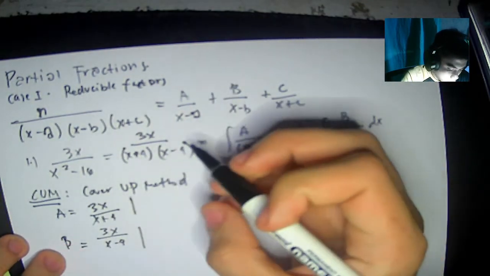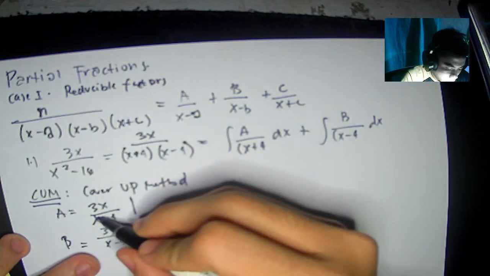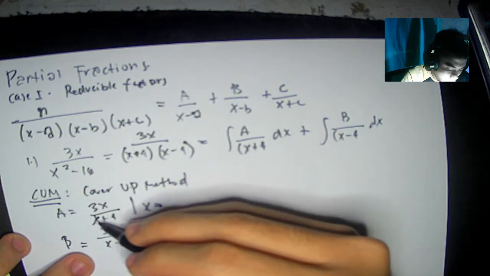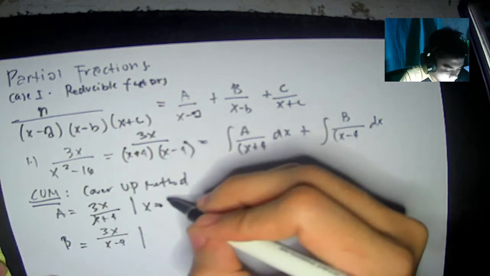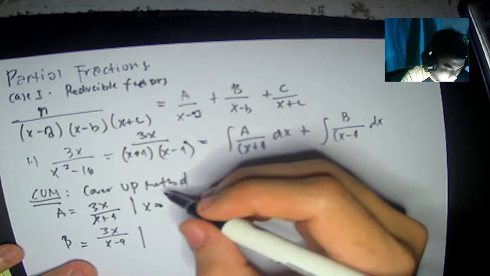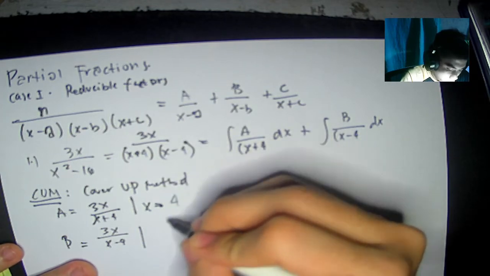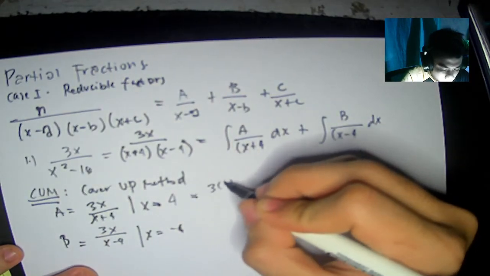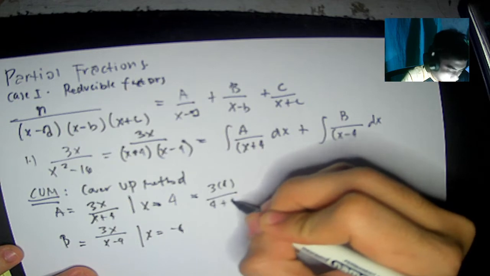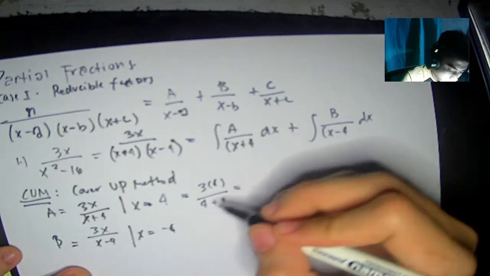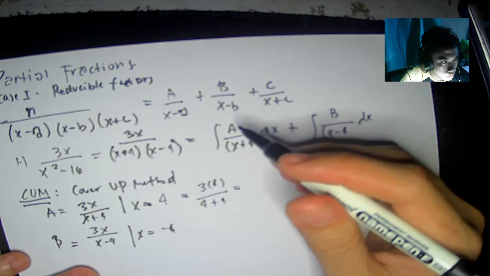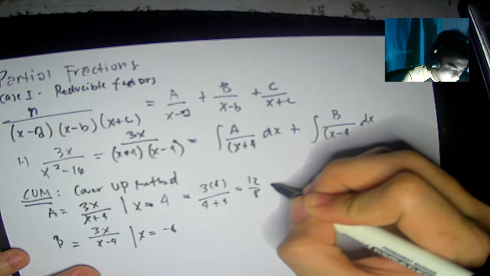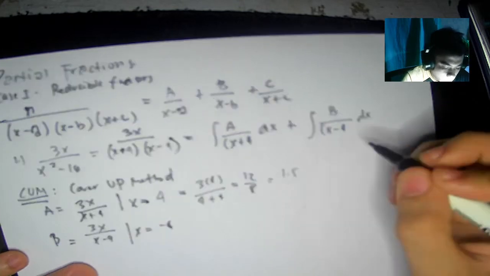To make the denominator 0 or undefined, x should be equal to 4 and x equal to negative 4. So with 4, we just treat it as 3 times 4 over 4 plus 4. What we'll have here is 3 times 4 is 12 over 8, or you can put this as 1.5.